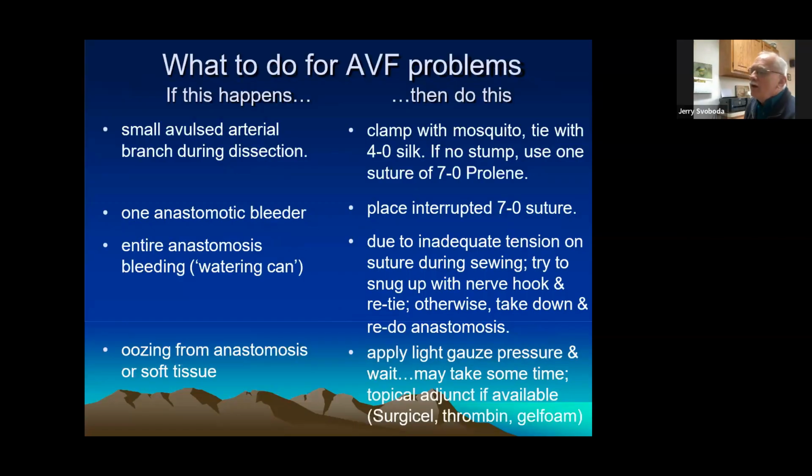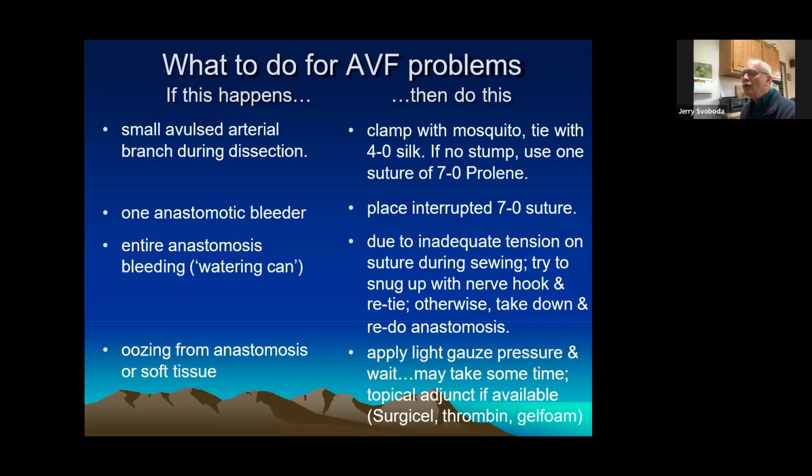What if you finish the operation and take the clamps and vessel loops off and something is bleeding? If it's tiny, it'll usually stop with light gauze pressure. If it's persistently bleeding, then place an interrupted suture of 7-0 Prolene.